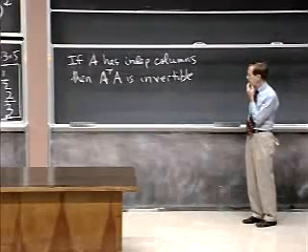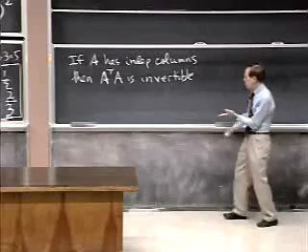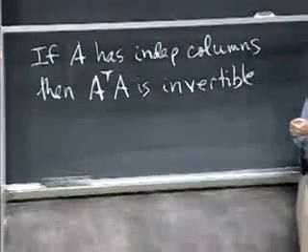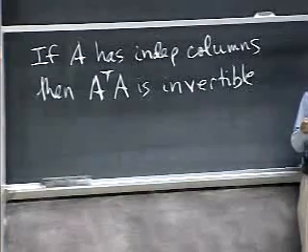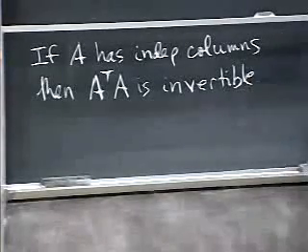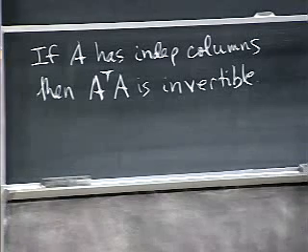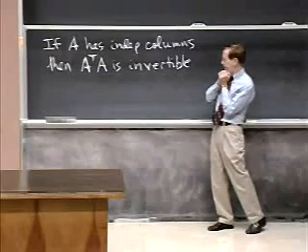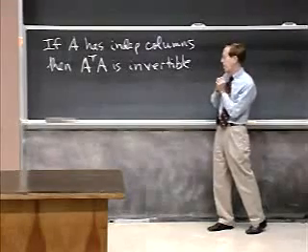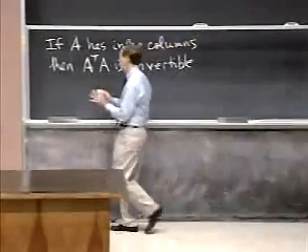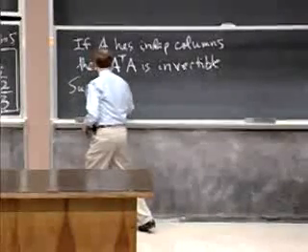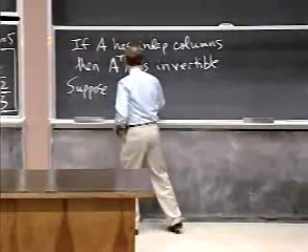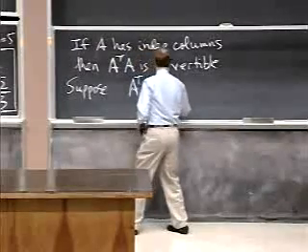I guess I'm wondering, if it wasn't invertible, so I want to prove that. If it isn't invertible, then what? I want to follow that line of thinking and see what I come to. So, proof. Suppose A transpose A X is 0.